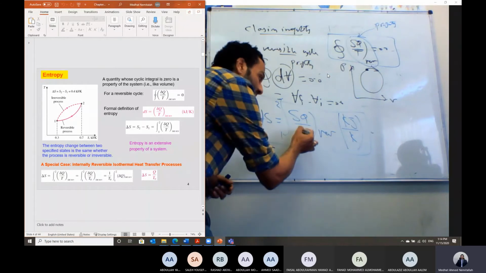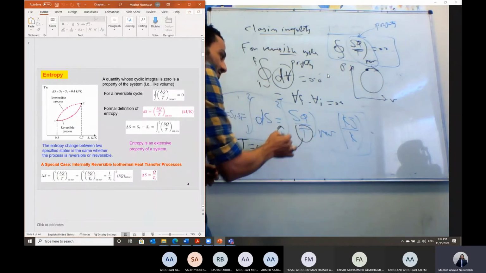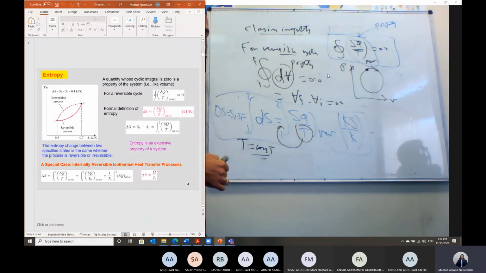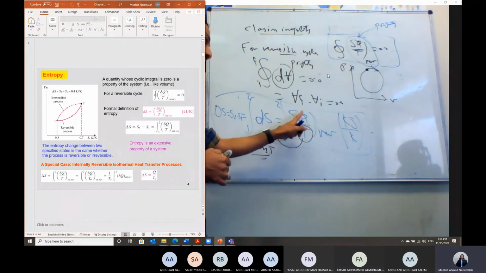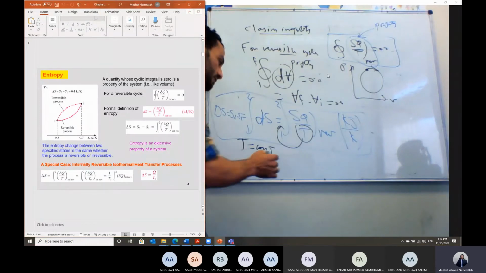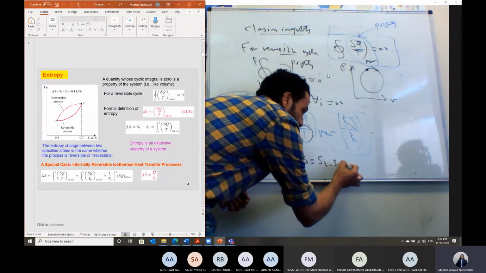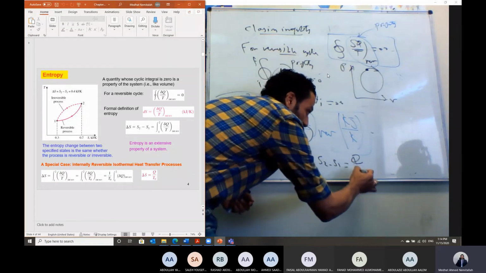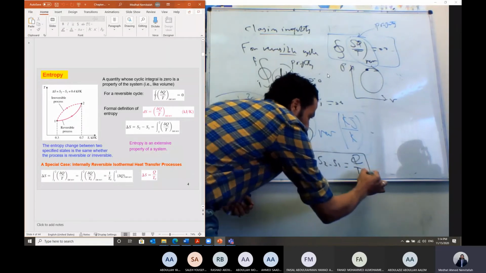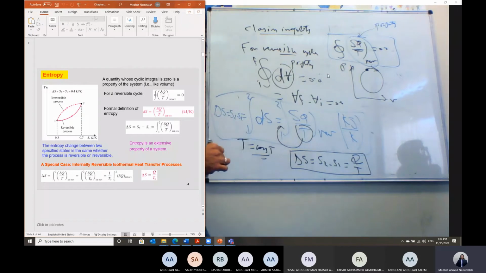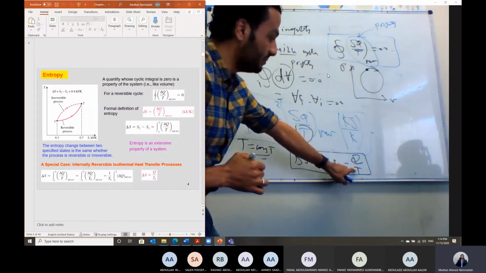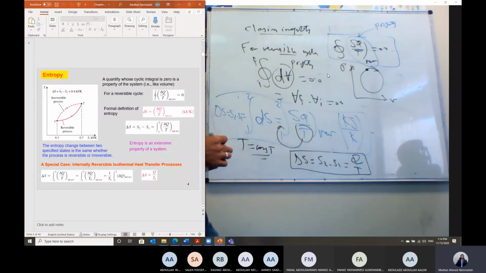So this term is constant. Can we take it outside the integration? Yes, we can. Then the integration of delta Q will be Q. And in this case, for an isothermal process, delta S, S2 minus S1, should equal the heat transfer Q during this process divided by the temperature.